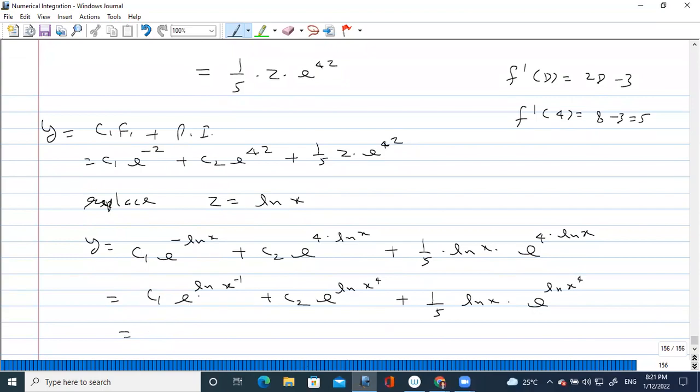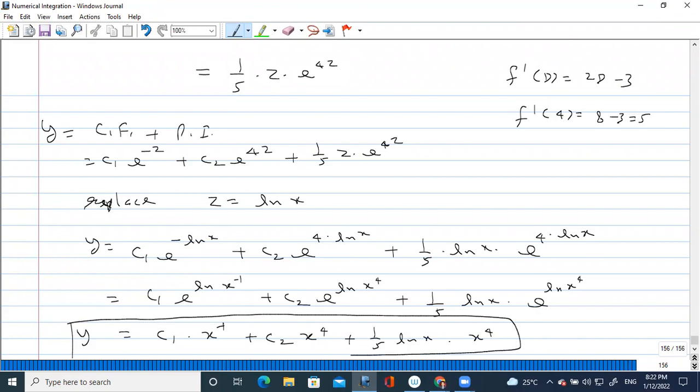So it will be C1 into x to the power minus 1 plus C2 x to the power 4 plus 1 by 5 ln x into x to the power 4. So this is the answer. Okay, note down this.